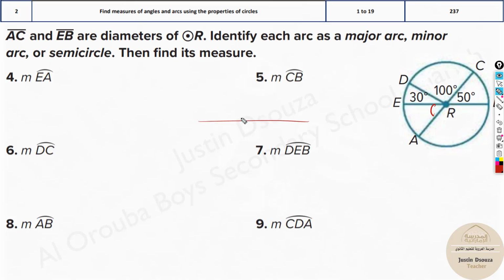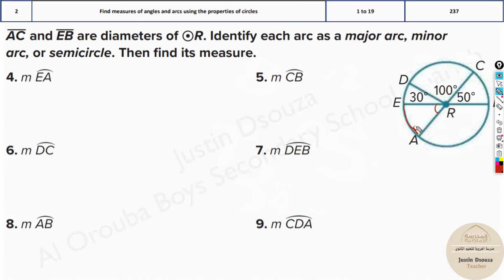Now whenever an arc is 180 degrees, it is a semicircle. But if it is more than 180 degree, anything more than 180, it is a major arc. And whichever is less than 180, it's a minor arc. Now, how can you find the arc EA? To find arc EA, just find this angle, you will find it out.